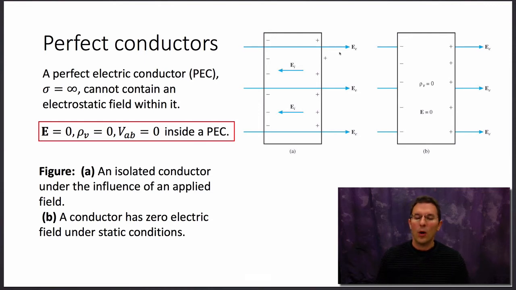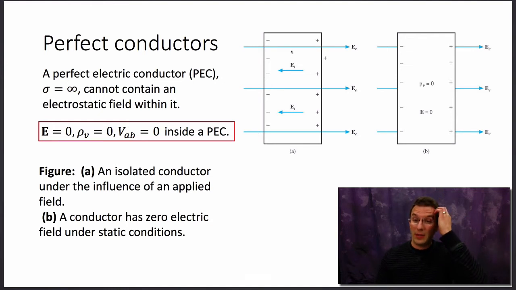What happens in a perfect conductor is that there's no resistance at all to the movement of electrons. So charges are pushed essentially by the electric field, and you have a positive charge density that builds up on this side, and a negative charge density that builds up on this side.